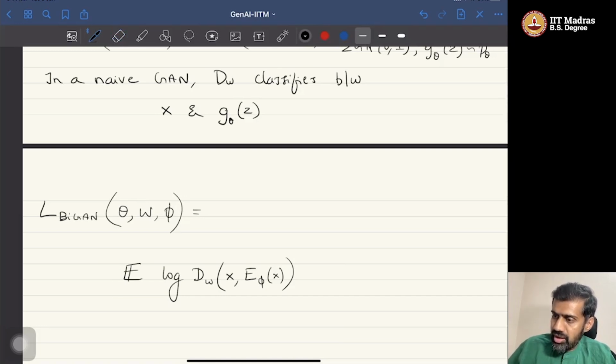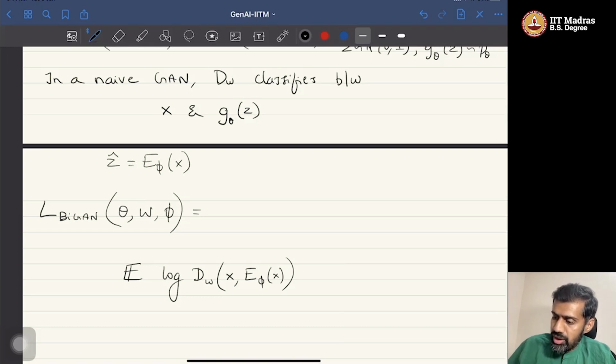The inner expectation is with respect to z cap. Let's call z cap equal to E_phi(x).